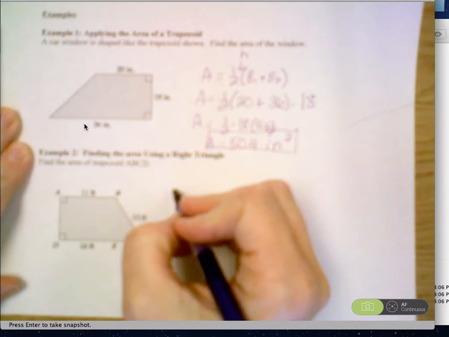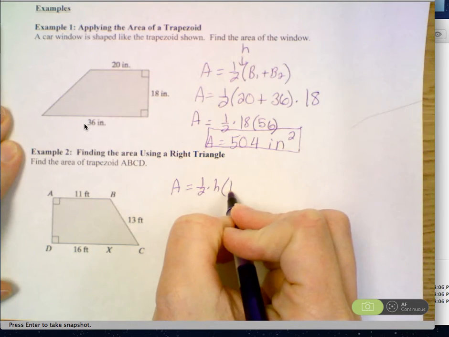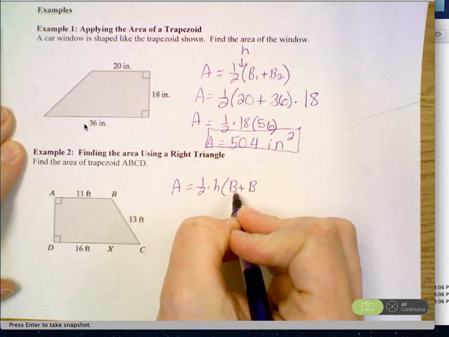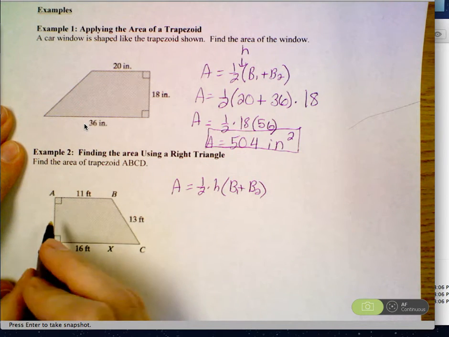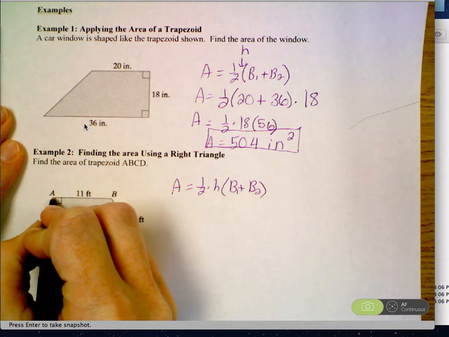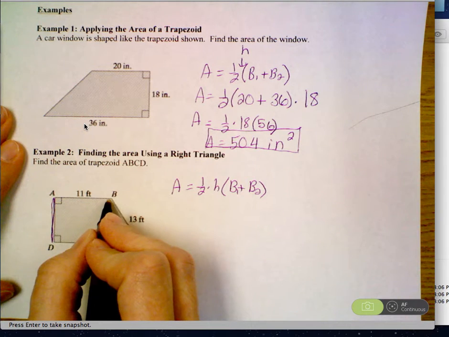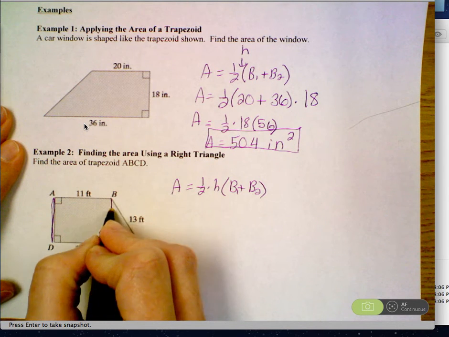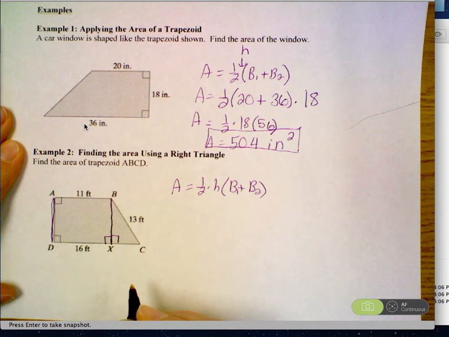So on example 3, we still want area equals 1/2 times the height times the sum of the bases. But here we don't exactly know what the height is. We have to find out what the height is. So this right here would be what we'd want our height to be. But what we can do, it's the same height as if I were to draw this altitude right in here, creating a right triangle.